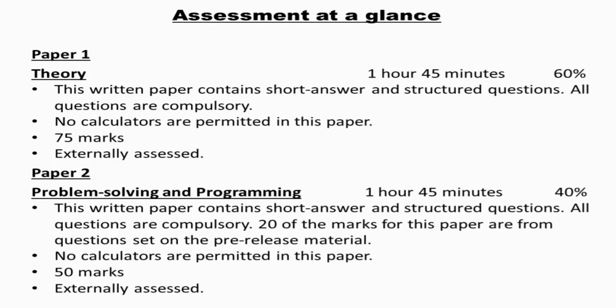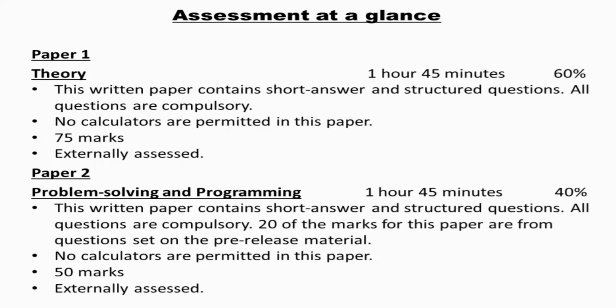And in paper 2, there is a 20 marks compulsory question, which is usually question number 1 of paper 2, which comes from the pre-release material. And this pre-release material we receive in advance from CAIE. This pre-release material normally consists of programming tasks, and you have to do this under the guidance of your teacher.